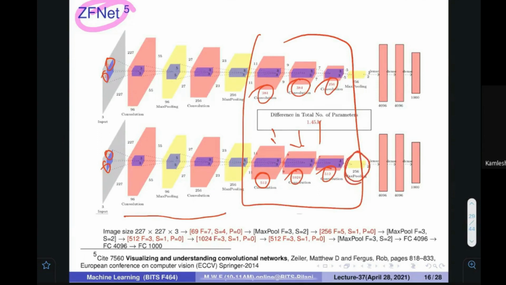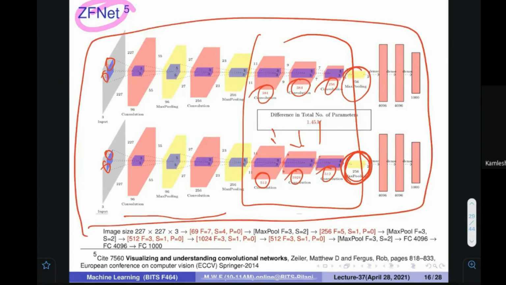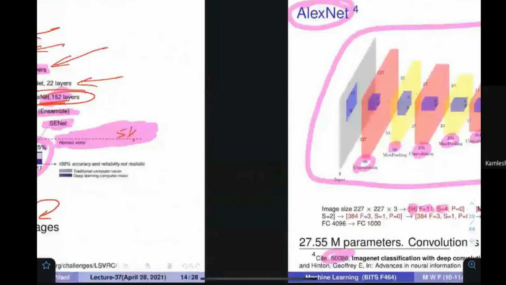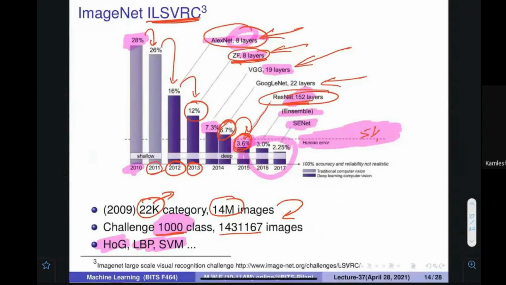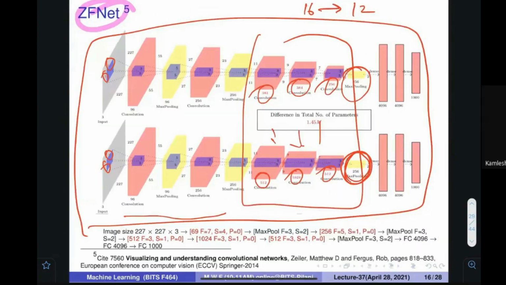However, this output is going to be the same, 256 cross 256. They kept this output the same. So the same architecture with some more power was able to perform better. And as you have seen a few minutes back, instead of 16% error, it has 12% error. Am I right? Yeah, 16 to 12% error.